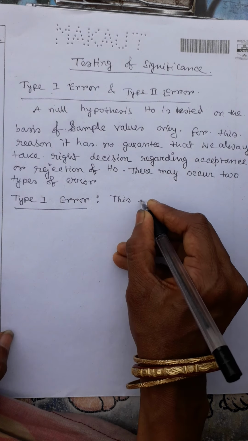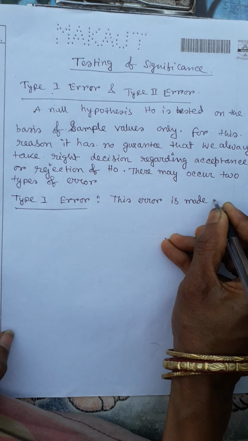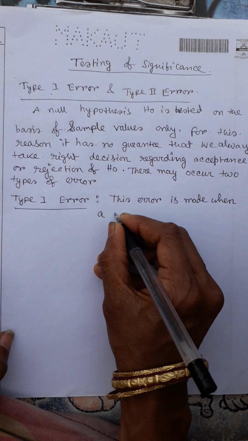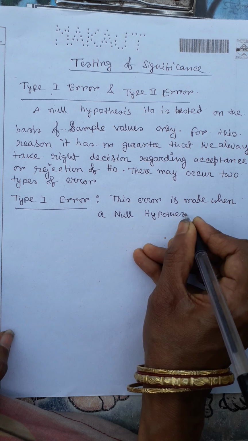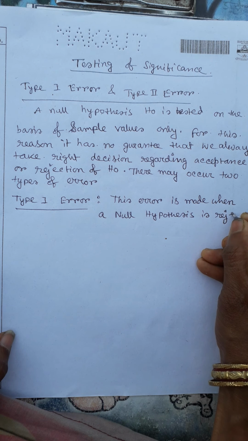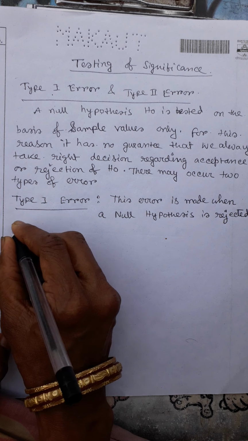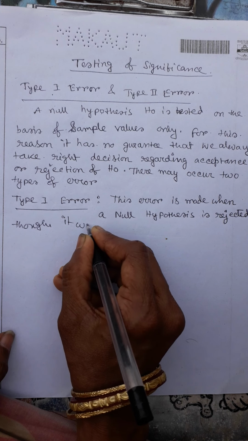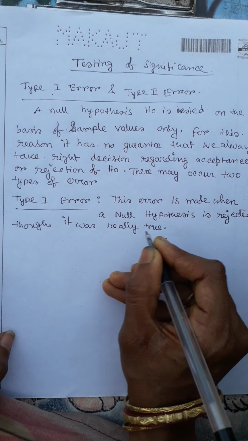This error is made when a null hypothesis is rejected, though it was really true.